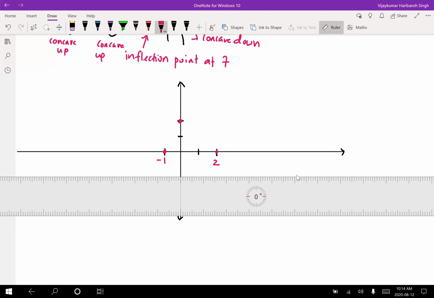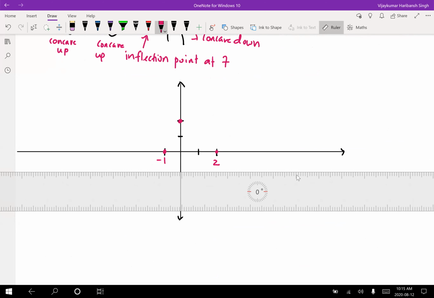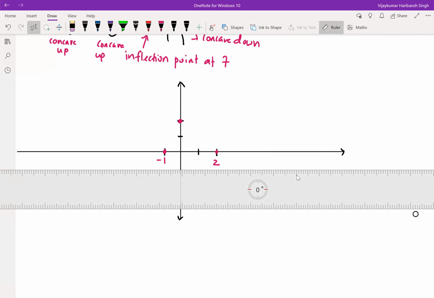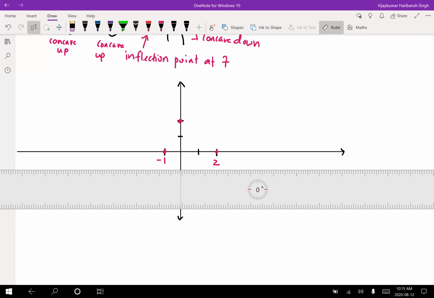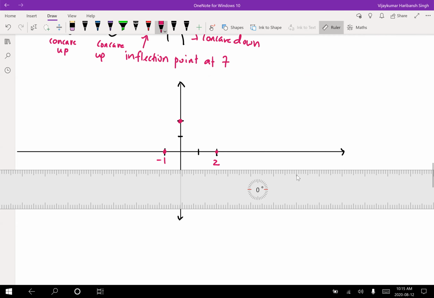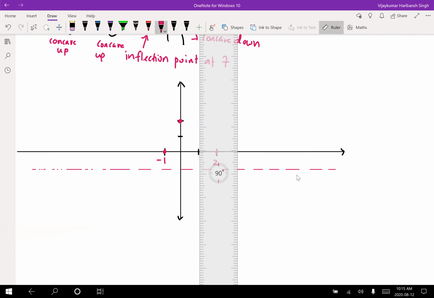So y equals to -1 is a horizontal asymptote. So let's just draw that. Let's draw it with a different color pen. Okay, so this is your horizontal asymptote and your vertical asymptote is x equals to 1.